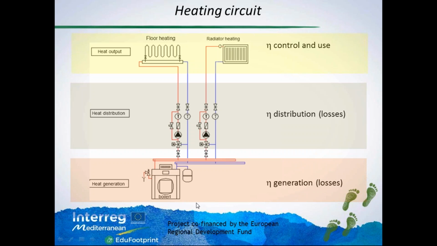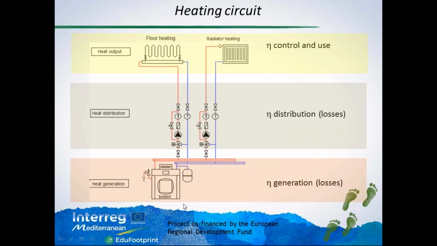If we have these three elements building the heating circuit, we have the heat generation, the heat distribution, and the emission. To define the efficiency of the whole, we have to put together the efficiency of all the elements.